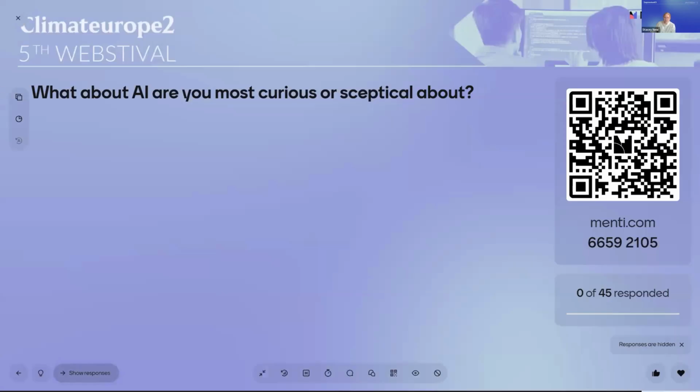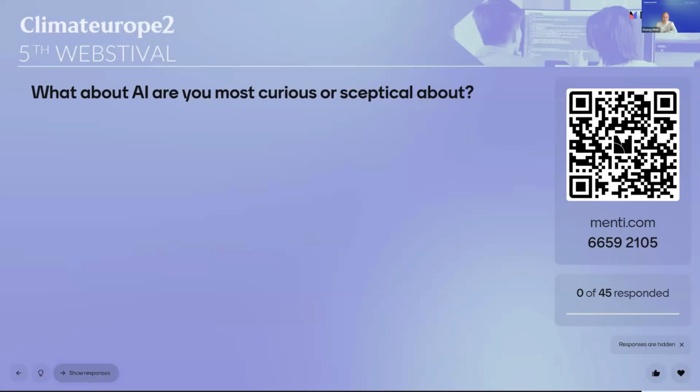And then I just wanted to explore what we are most curious or skeptical about in terms of AI. So we've talked a lot about trust and risk, but most people in the room will be coming at AI from different places. So some will use AI all the time. Some might be more skeptical and not have used AI before.